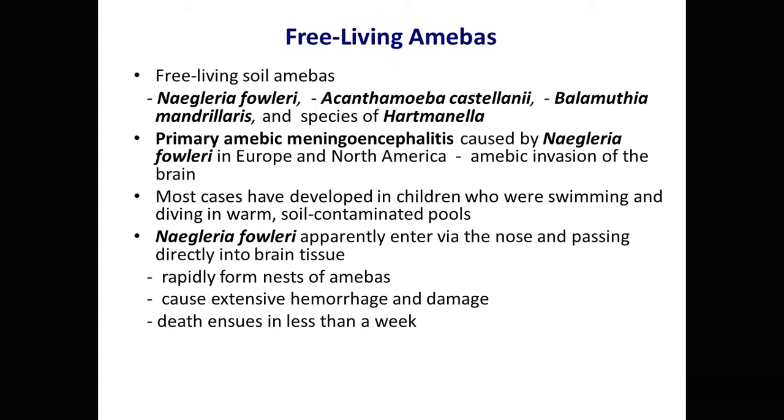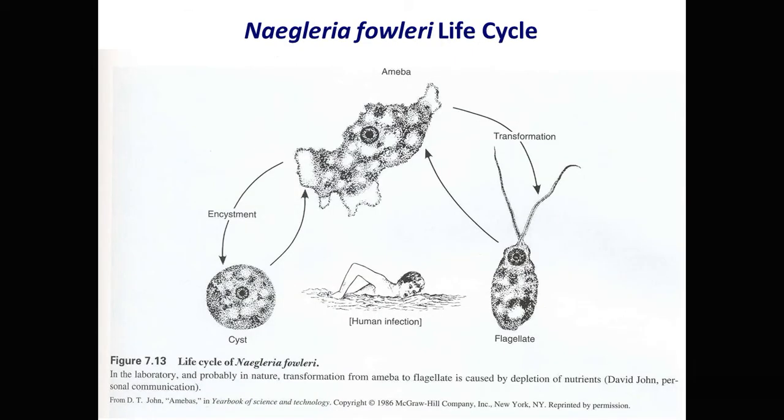Naegleria fowleri enters via the nose and then moves to the brain tissue and forms nests of amoeba in brain tissue, and it leads to hemorrhage and damage. And the outcome is almost always death, almost 100%, and it develops within a week.